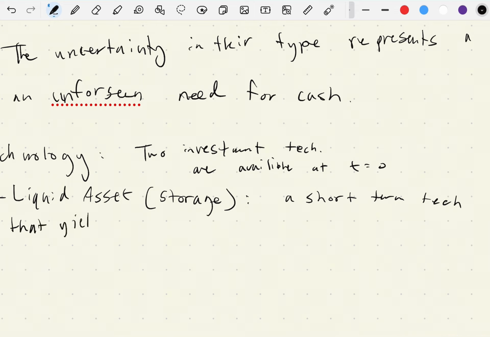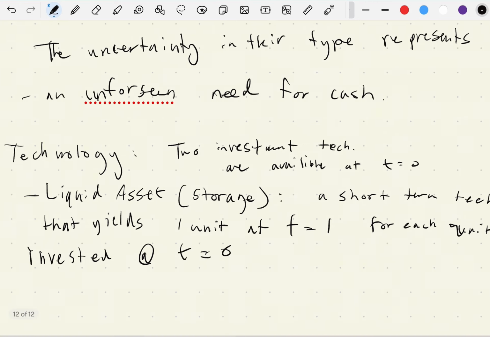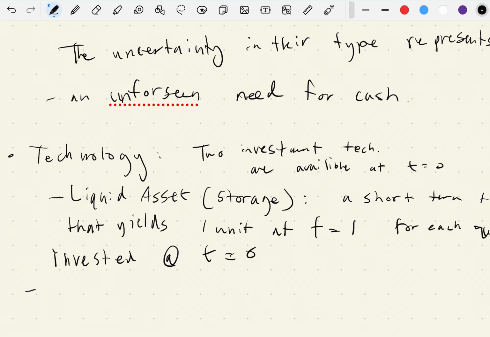Okay, this is a short-term investment technology that yields 1 unit at t equals 1 for each unit invested at t equals 0. Okay? That's an equal sign. So that's the definition of a liquid asset.